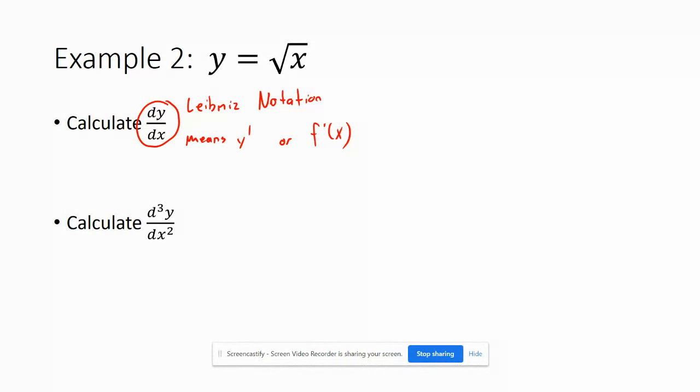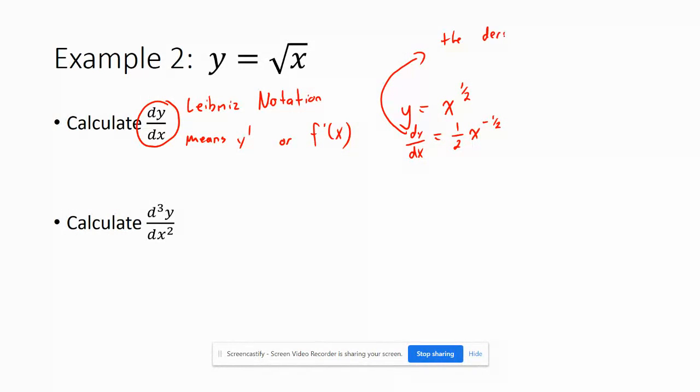Okay, so if I have y equals x to the 1/2, dy dx is going to equal 1 over 2 x to the negative 1/2. That would be my first derivative. Sorry, I should have written this in Leibniz notation as dy dx, which just means the derivative of y with respect to x.